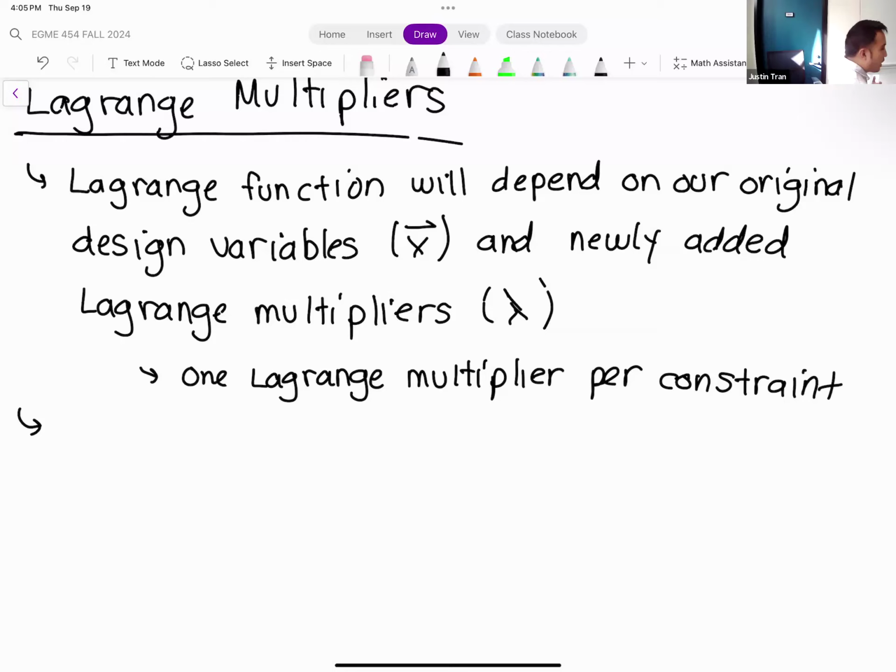Okay. And so we would then from here proceed to take the first order partial derivatives, set them all equal to 0, and then use that to solve for the optimal values.